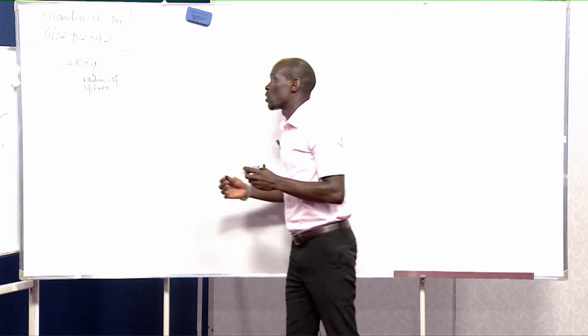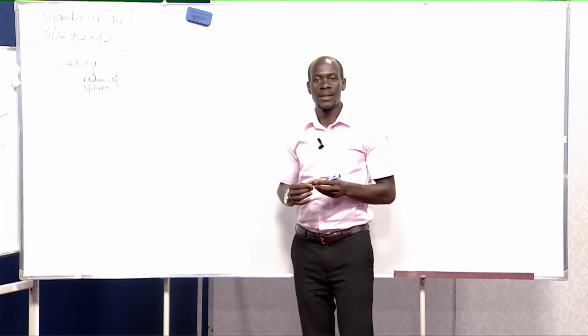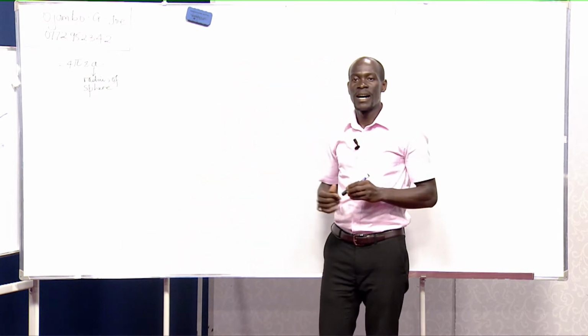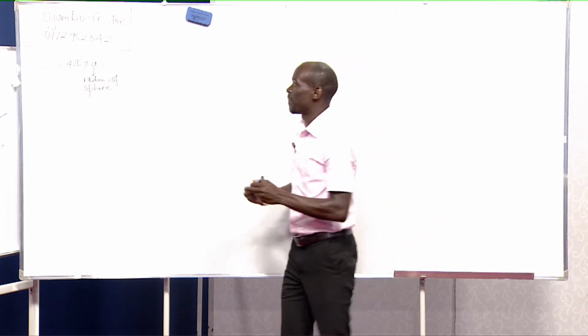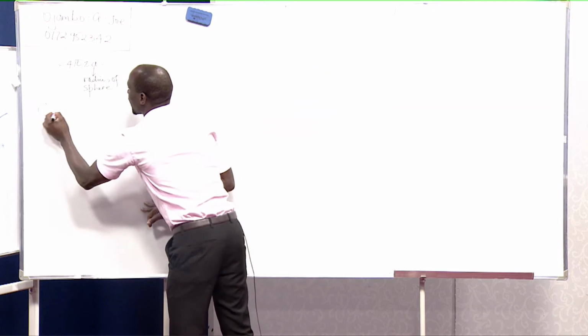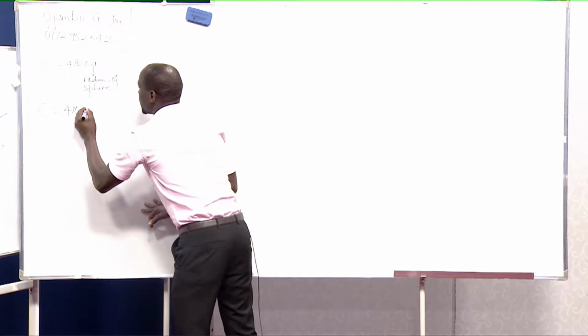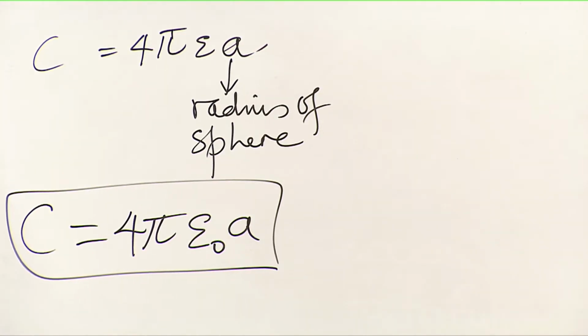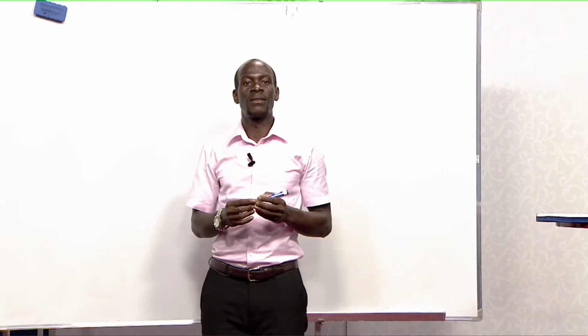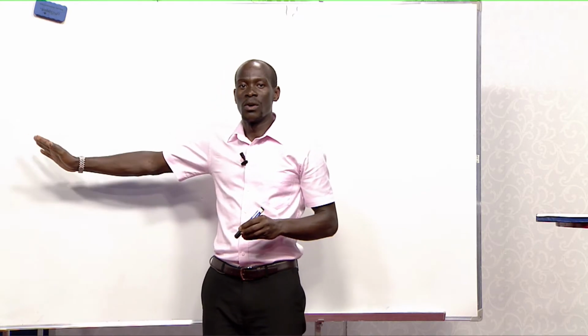Okay? That is what we looked at. And if that isolated sphere is in air, then the permittivity will become the permittivity of free space, and so the expression would become that.